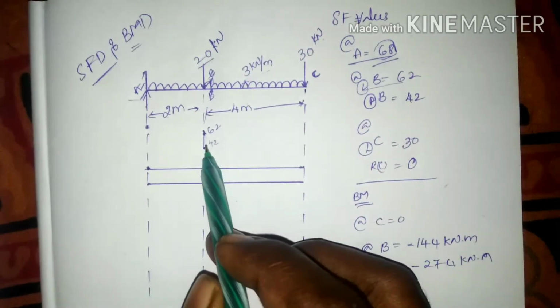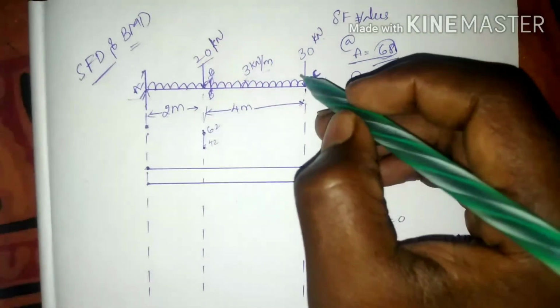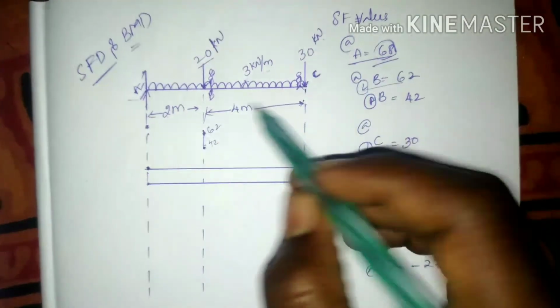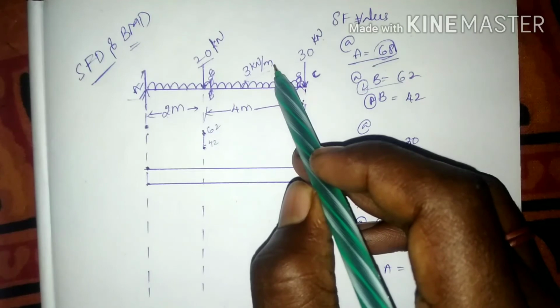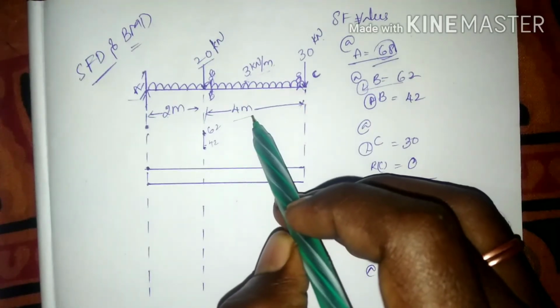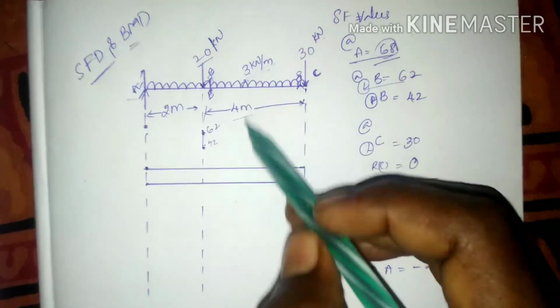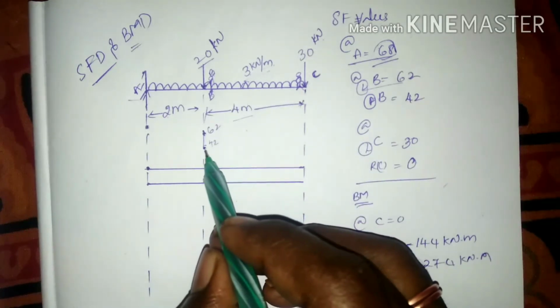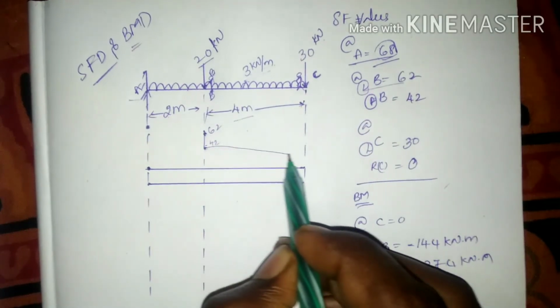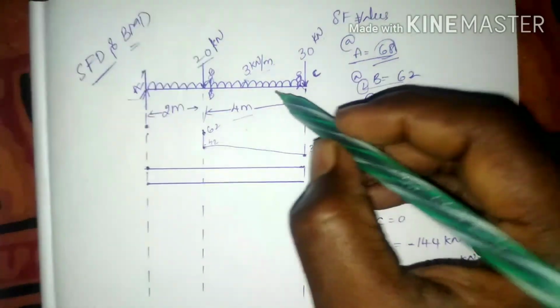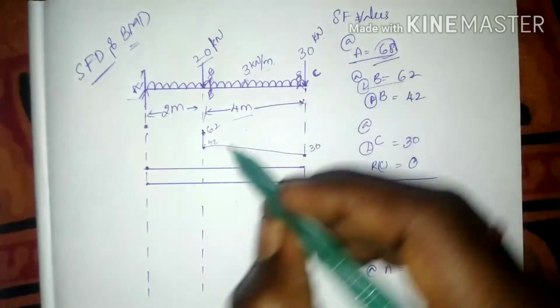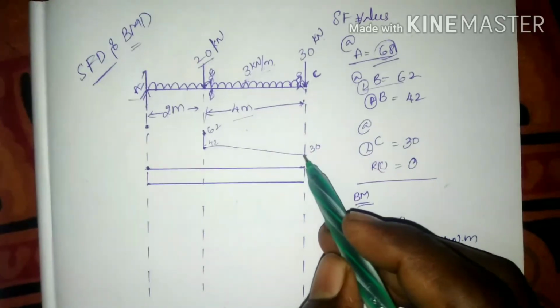And going on to C, to the left of C we have a UDL of 3 kilonewton per meter for a distance of 4 meters, so it decreases to a value of 30. It is 30 because 3 fours are 12, so 42 minus 12 is 30.